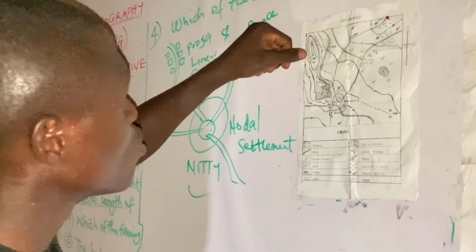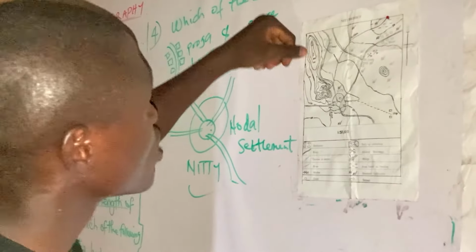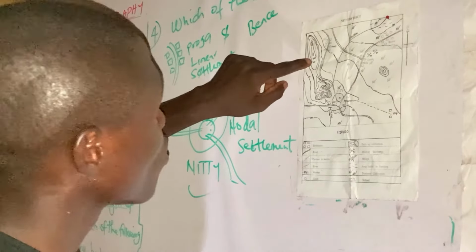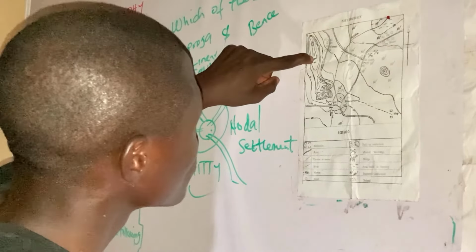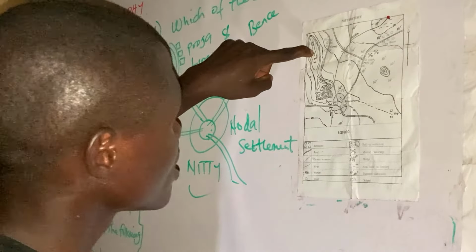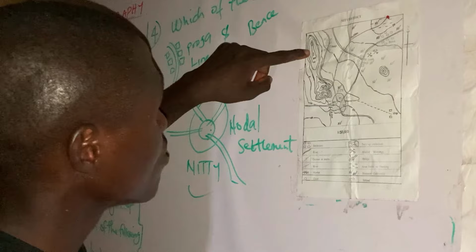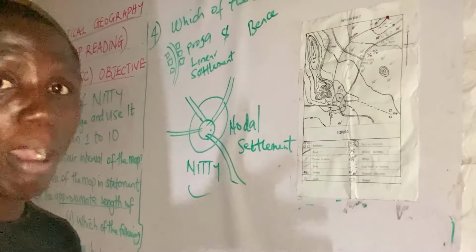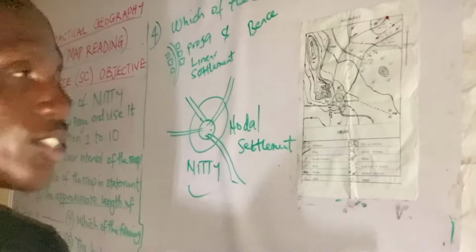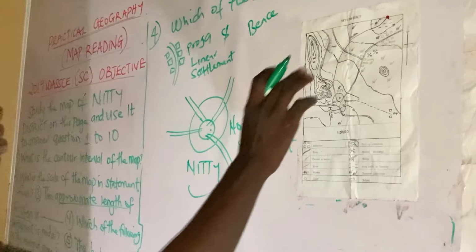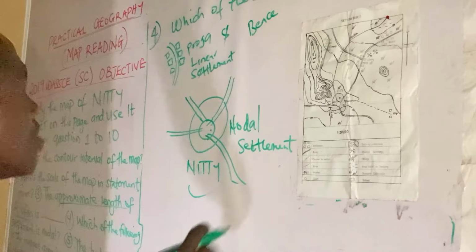Now this one will be 110. This one will be 200. So this is now 1,000. When you get to this contour line here, you have 1,100, 1,200. So the range is approximately between 1,100 and 1,200. So the range is here. The highest you can have is here.